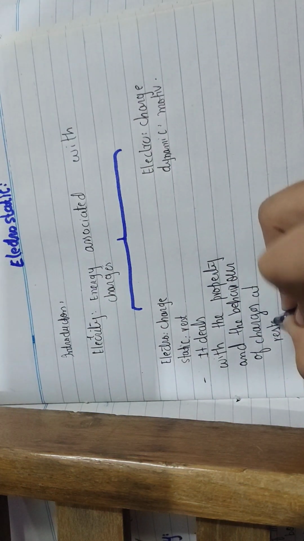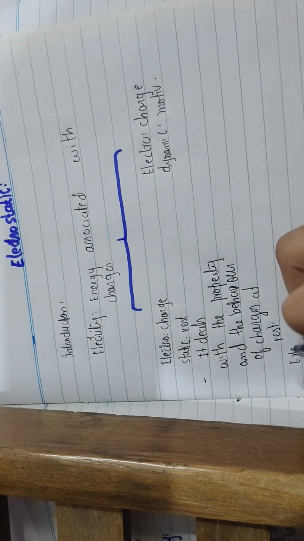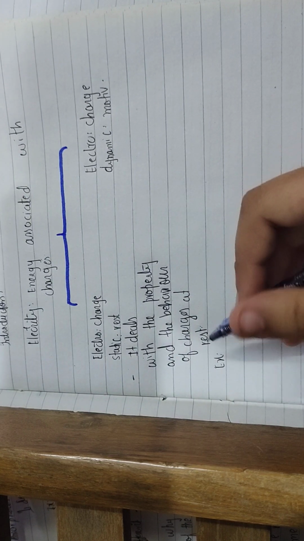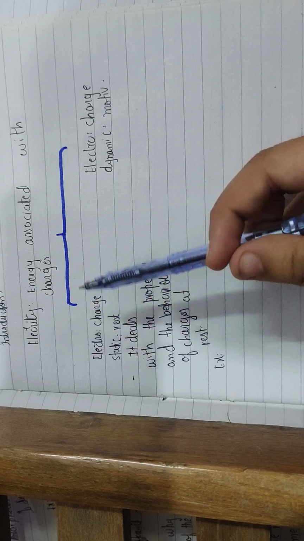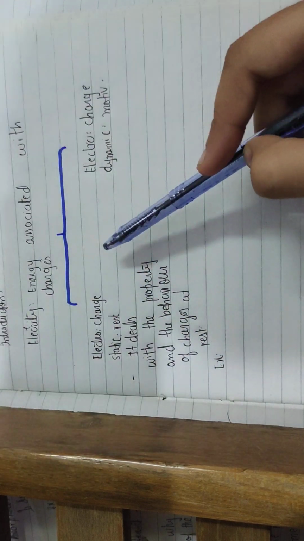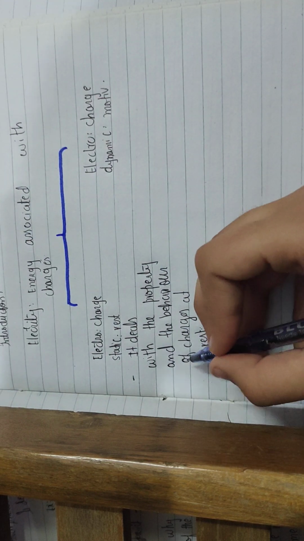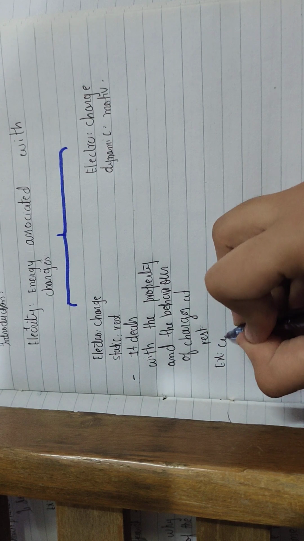An example would be Coulomb's law, which says that the charges, like Q1 and Q2, will be at rest.